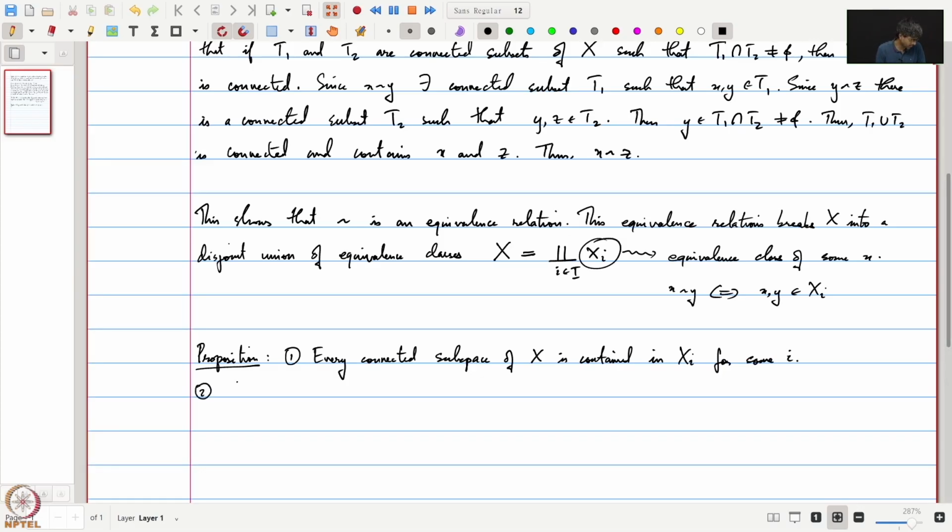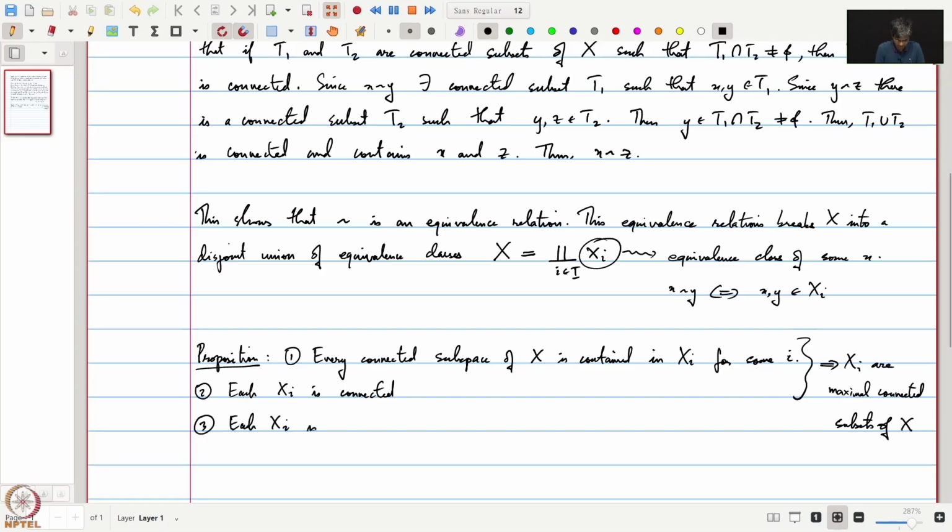The second part is each Xi is connected. So every connected subspace is contained in some Xi, and each of these Xi's is connected. Therefore, these two imply that the Xi's are maximal connected subsets of X. And the third point is each Xi is closed in X.